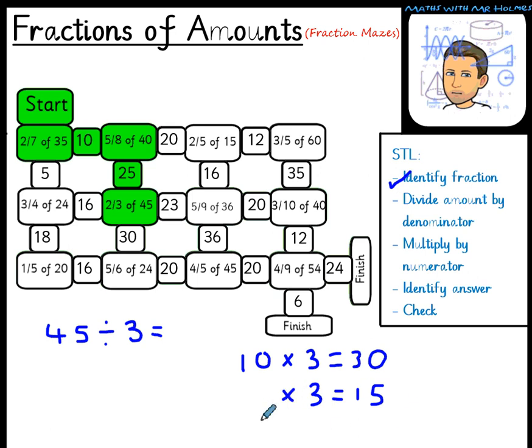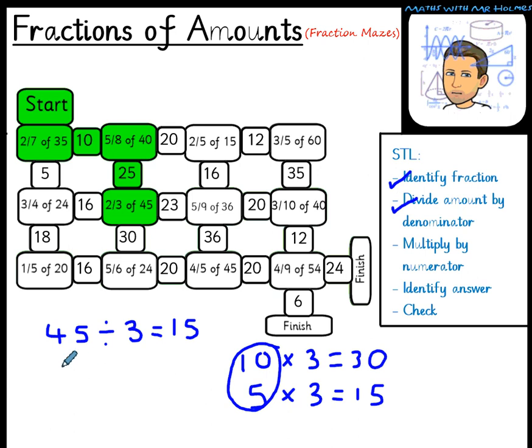This is part of my 3 times table. That would be 5 times 3. So I know 10 times 3 and 5 times 3 would equal 45. So I did 15 lots. So 45 divided by 3 equals 15.